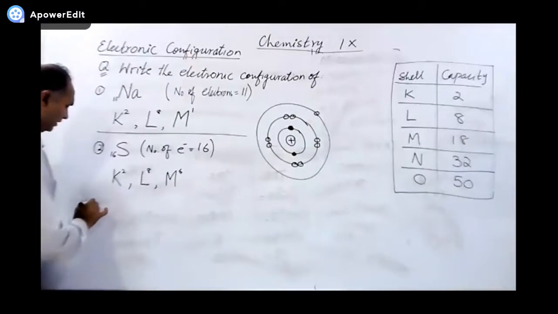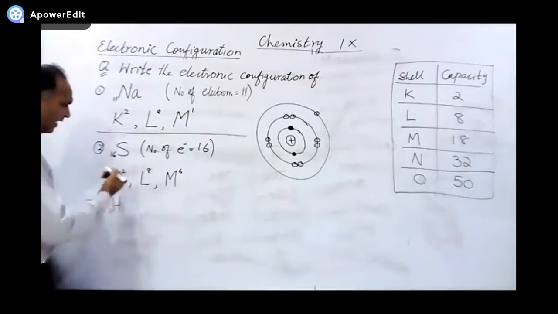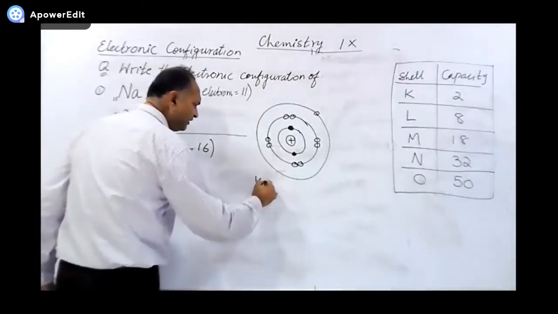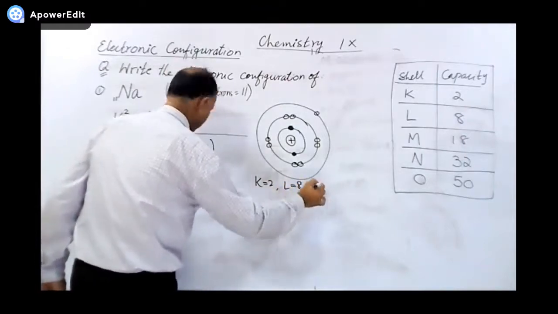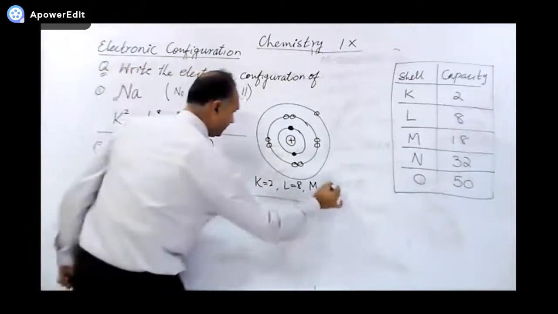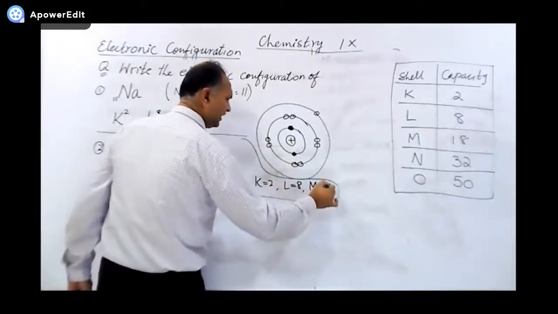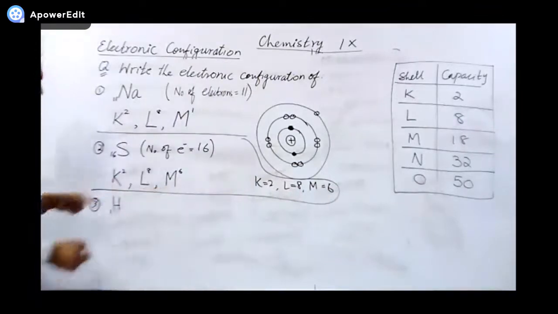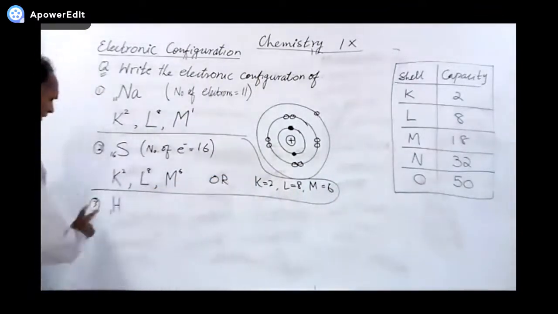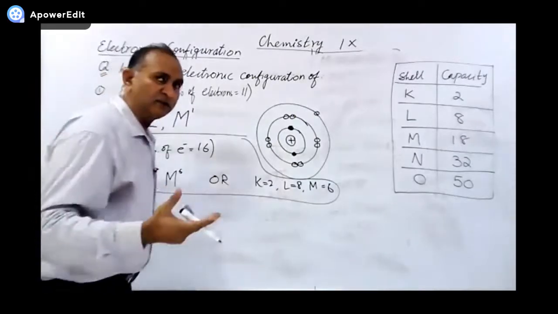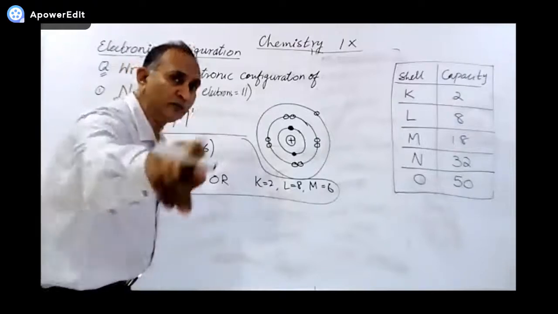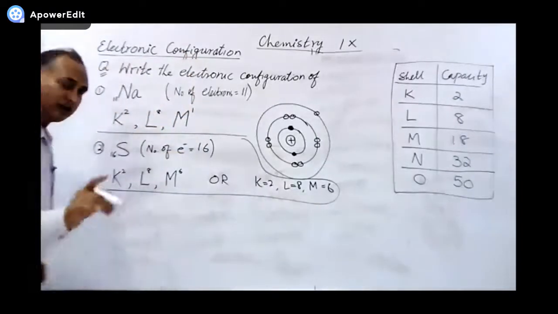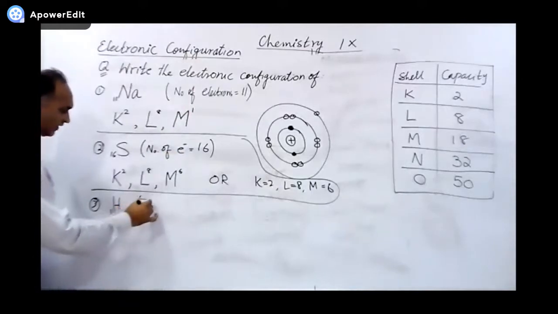All right. Similarly, for hydrogen, I will be a little bit quicker. You can write like this, or you can also write like this. K equals 2 electrons, L equals 8 electrons, M equals 6 electrons. You can write either in this way or in this way. Both are the same. So what is in our syllabus is to write the electronic configuration of the first 20 elements, which is in the book. Hydrogen 1, so 1 electron is there.